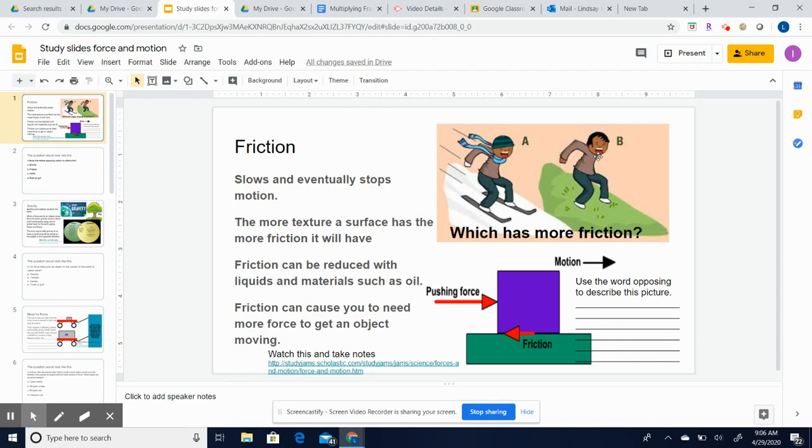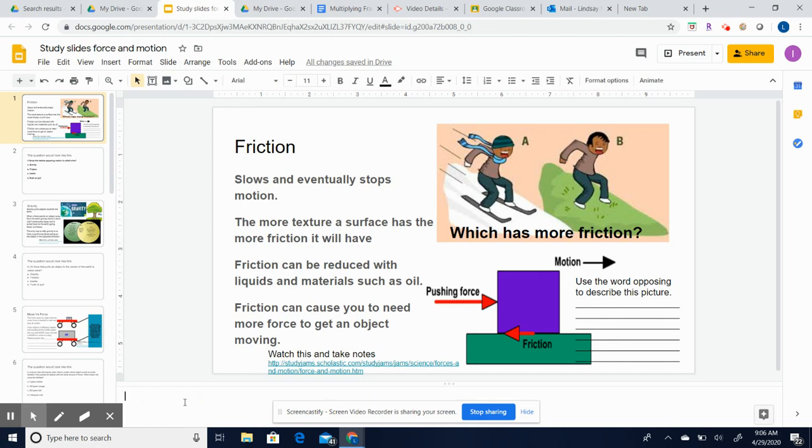So I want you to think for a second which one of these pictures you would think has friction. Because this is on Google Classroom, when you make a copy, you'll be able to type in. You're going to put all your answers in the speaker notes.